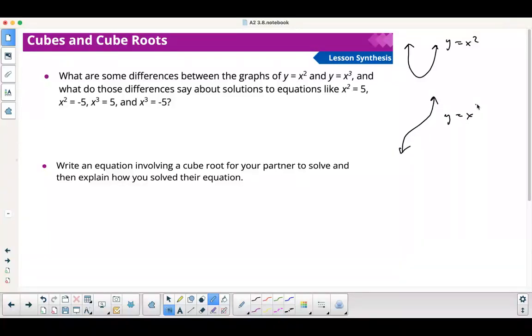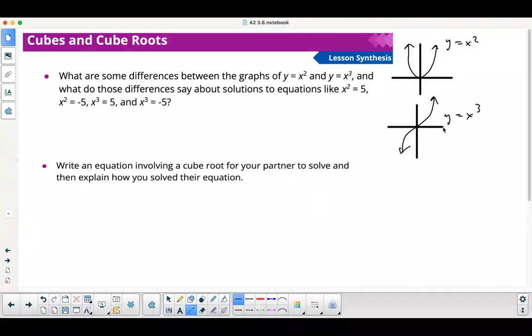Y equals x cubed looks like that. With the squared graph, the origin is right at the vertex. With the cubed graph, the origin is right there in the middle.